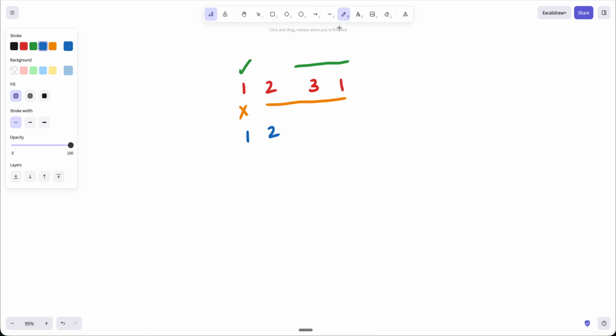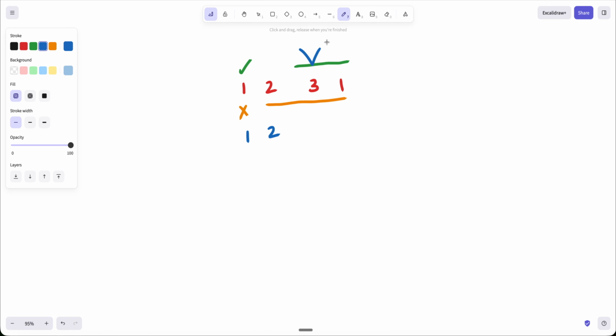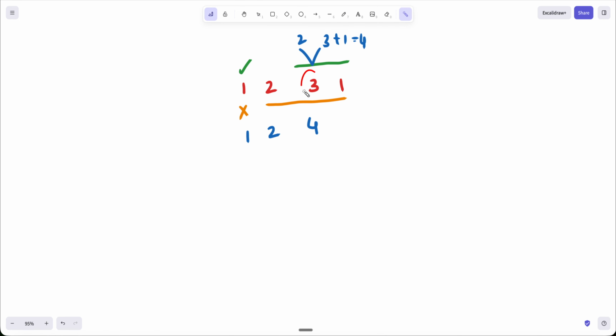Now when I am at this position, either I can take this and this or just 2. So there are two possibilities here. One is 3 plus 1, one is 2. 4 will be 3 plus 1, right? So which is the maximum? 4. So obviously I will choose this. It is coming from 3 plus 1.